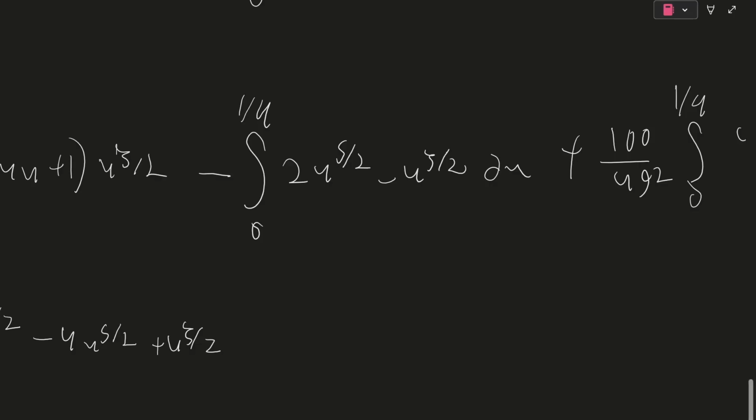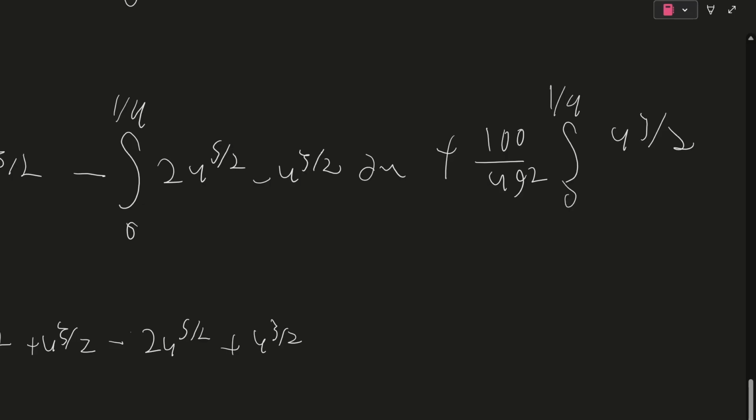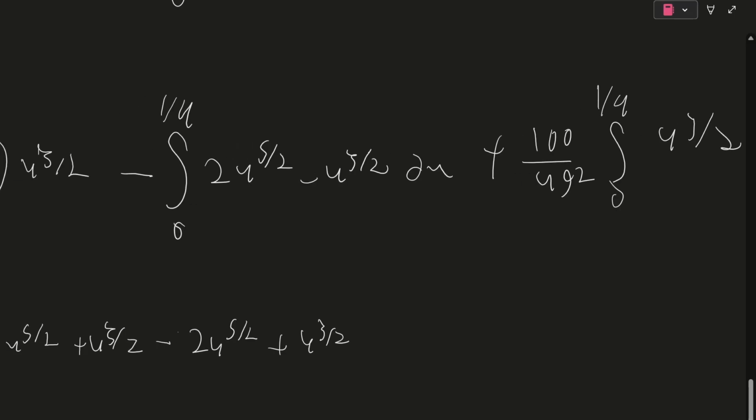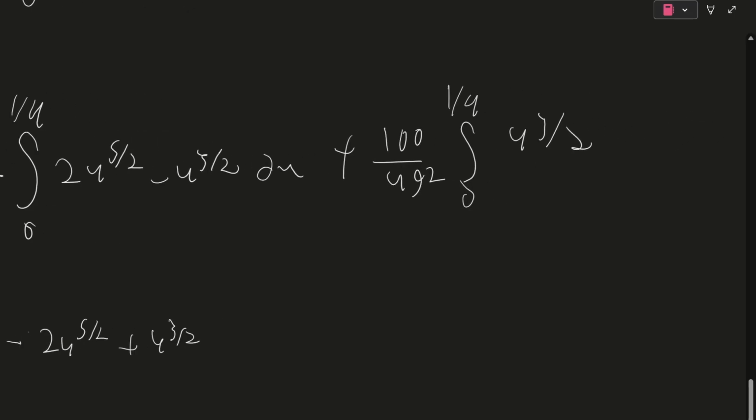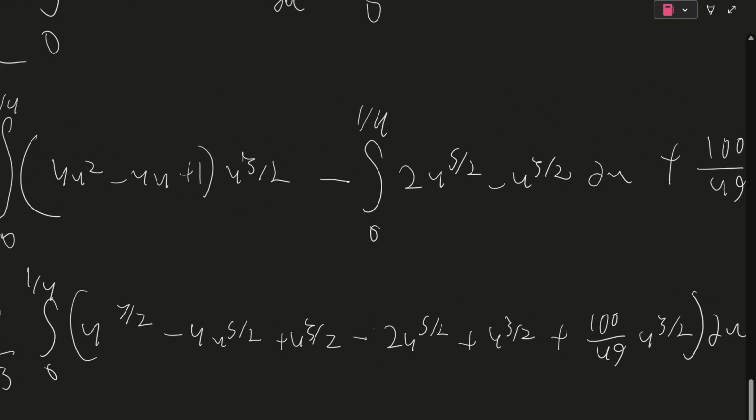So this will be minus 2u to the 5/2 plus u to the 3/2 and then plus 100 over 49 u to the 3/2. So all with respect to u.